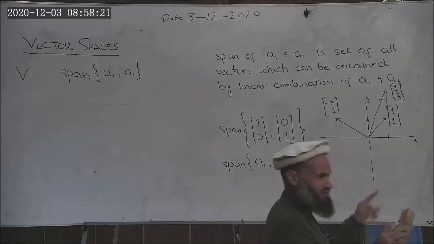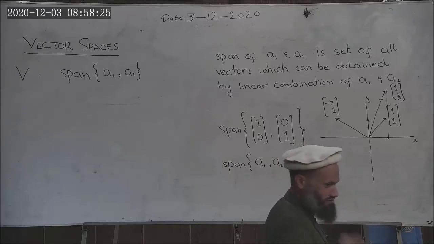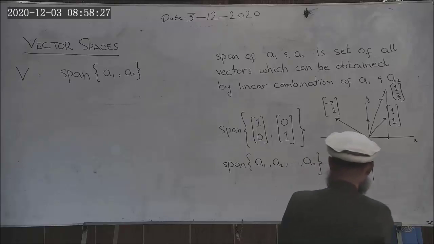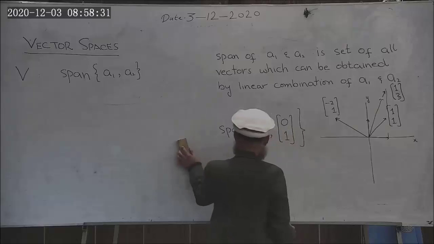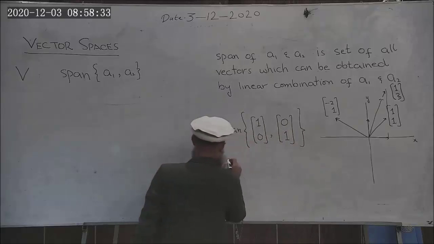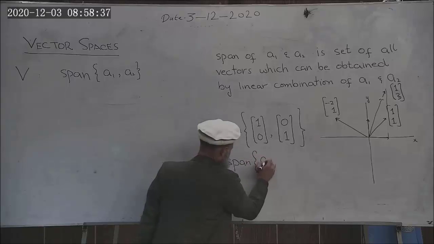So span is the set of all those vectors which can be generated by linear combination of these two vectors. So what is the span of, for example, a single vector?